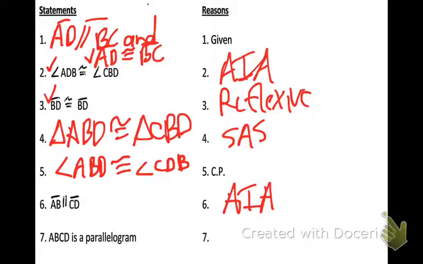Or, well, this is what we're proving, one pair of sides is parallel and congruent. Which one do we have here? Which case do we have? Okay, we have the definition of a parallelogram. The opposite sides are parallel. So step 7 would be definition of a parallelogram.